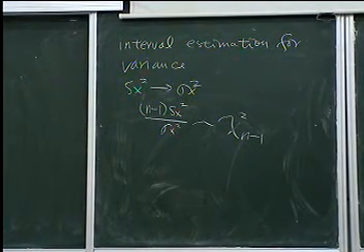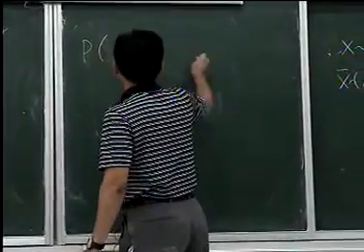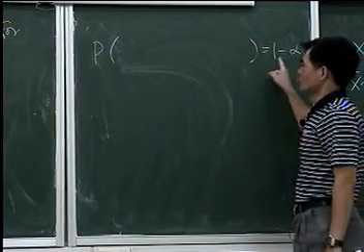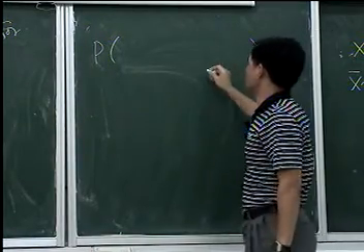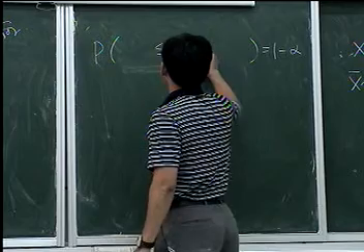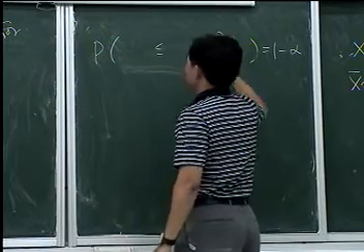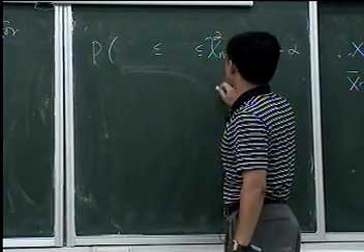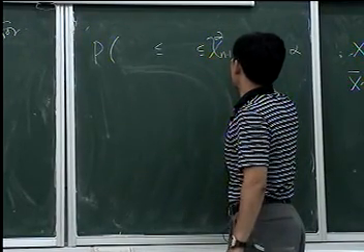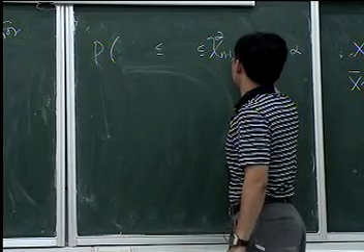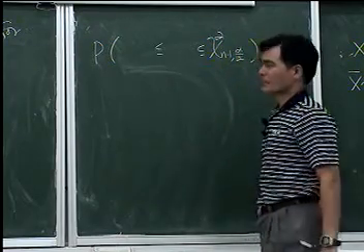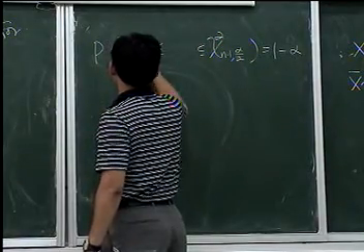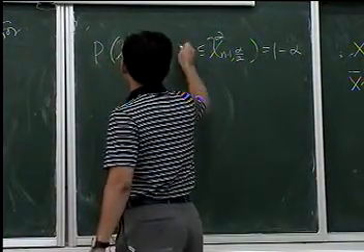So we have P, and the confidence level is equal to 1 minus alpha. Let us say this is n minus 1, and here it is alpha over 2, and this is chi-square n minus 1, 1 minus alpha over 2.